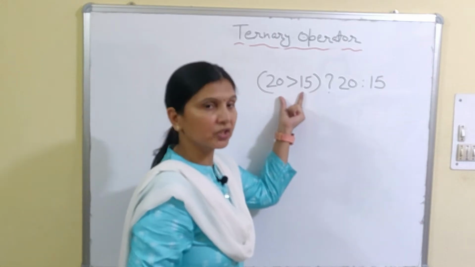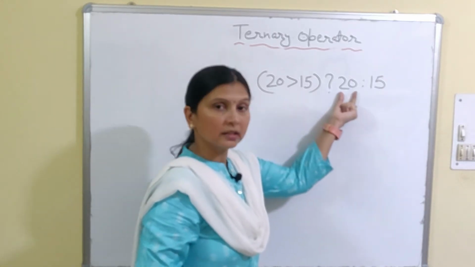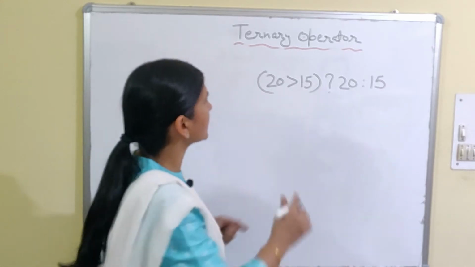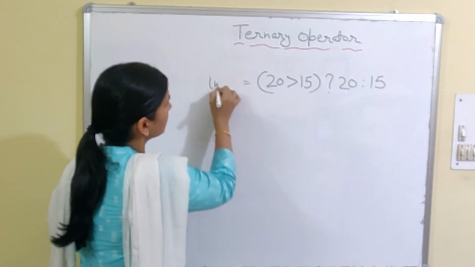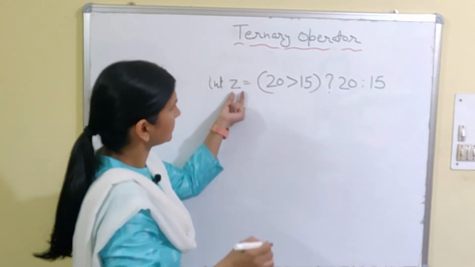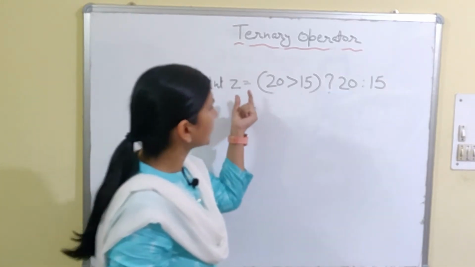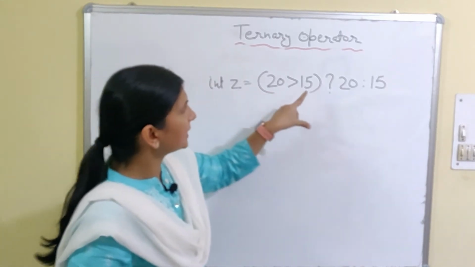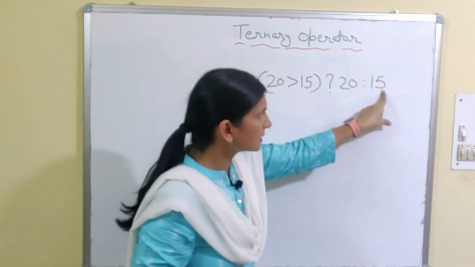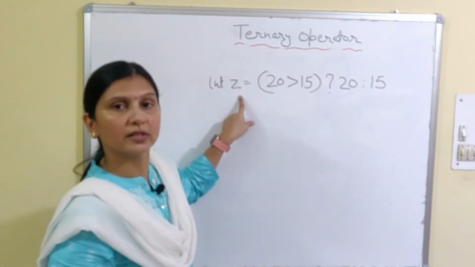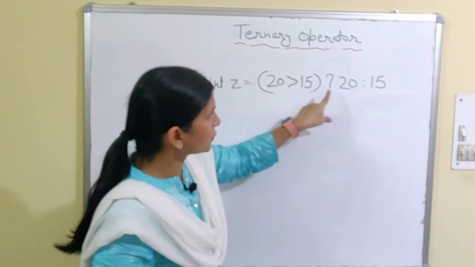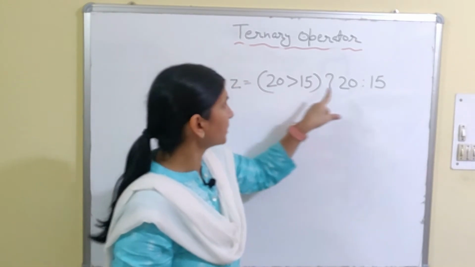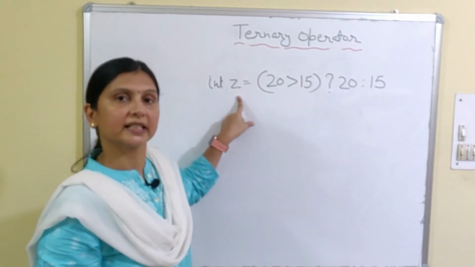If this condition is true, then it will execute the first part, means 20 will be assigned to the third variable z. Any variable you can take. So if condition is true, 20 will be assigned into z. If condition is false, then 15 will be assigned into z. Means if condition is true, then the first part will be assigned, otherwise the second part will be assigned. So this is the syntax.